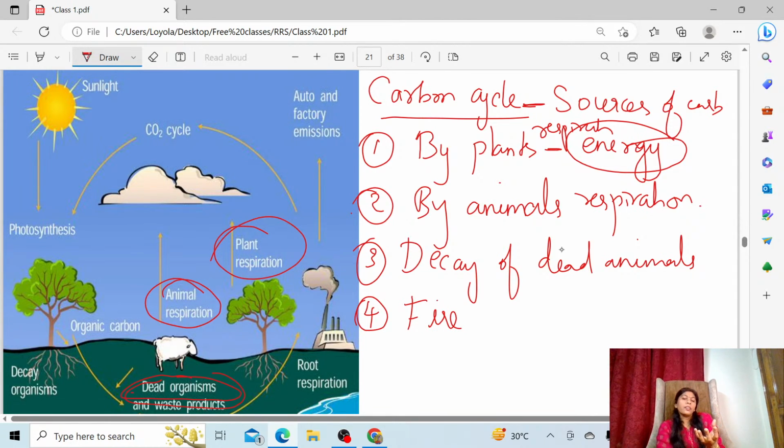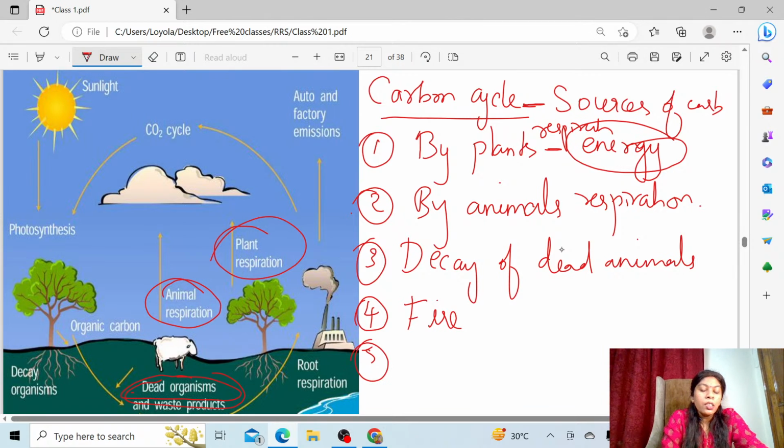When forests get into fire, carbon dioxide is released, because forests are important stocks of carbon, important in carbon sequestration for trapping carbon. So when the forest gets burnt, carbon dioxide is released out. So this is also a source.